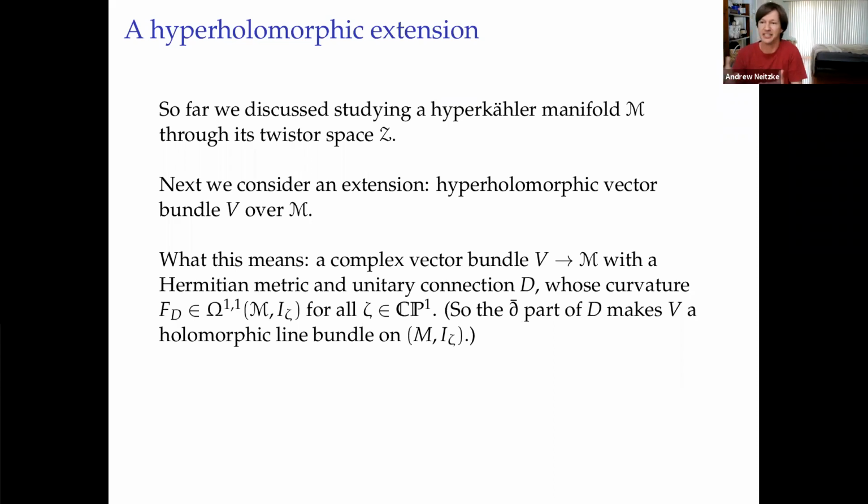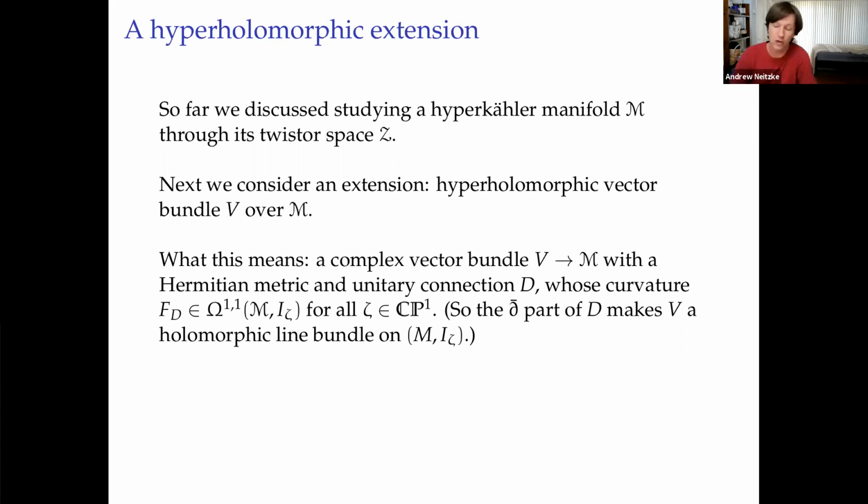So you have one connection, and you decompose its curvature with respect to the Hodge decomposition of two forms. And it has to be in the intersection of the 1,1 spaces for all of the different complex structures in the hyperkähler family.